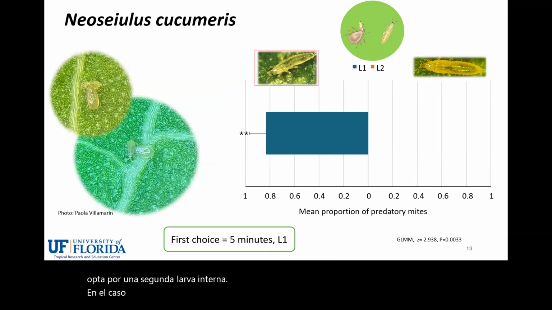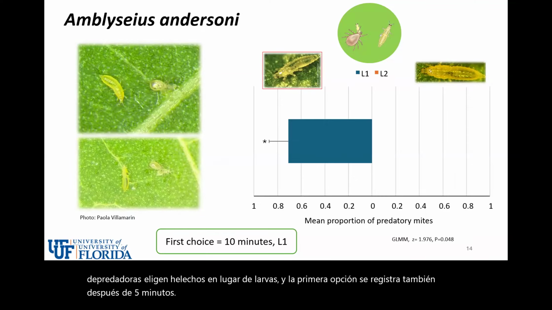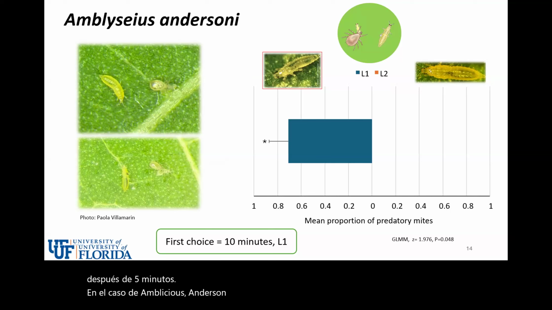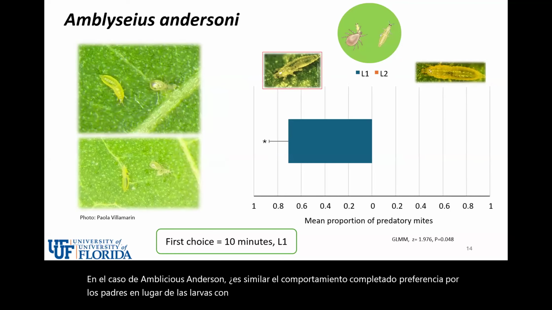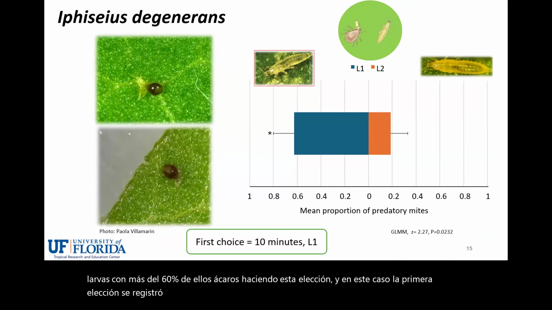More than 80% of these predator species choose first instar larvae, with the first choice recorded also after 5 minutes. In the case of Amblyseius andersoni, similar behavior, a preference for first instar larvae with more than 60% of the mites making this choice. And in this case, the first choice was recorded after 10 minutes of the release.